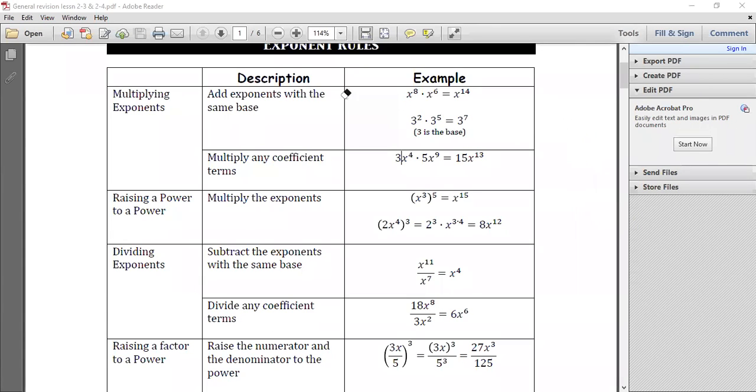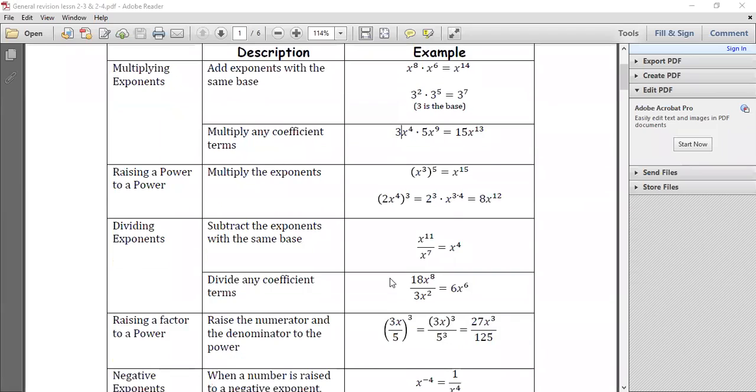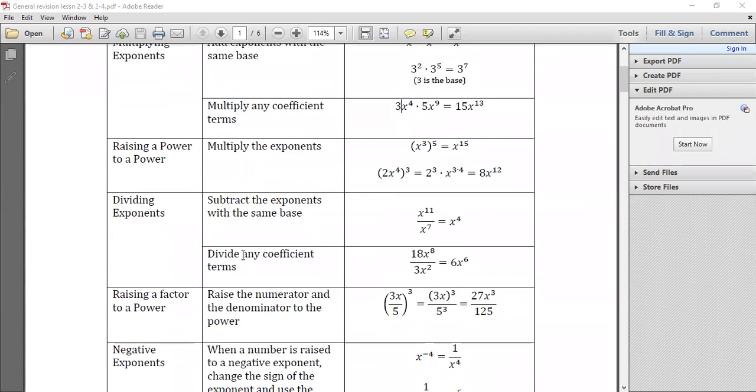The next question: when we have a coefficient term divided by another coefficient term, like 18x to the power of 8 divided by 3x to the power of 2, we will imagine that we are going to divide this into 2 parts.